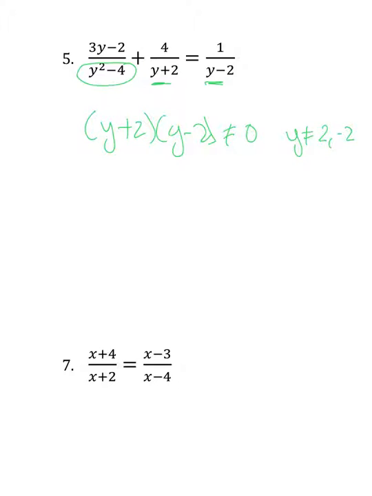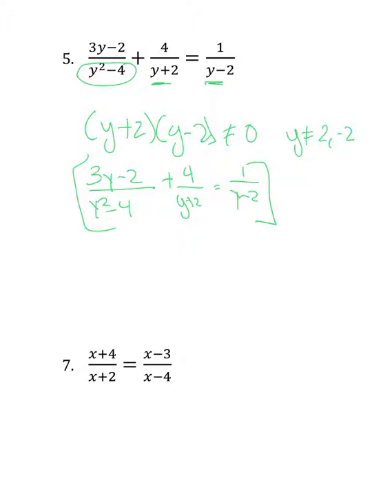Okay? So, now, how am I going to get rid of this? Well, I'm going to take the whole equation and I'm going to multiply it by my common denominator. My common denominator here again is that y plus 2 and y minus 2.